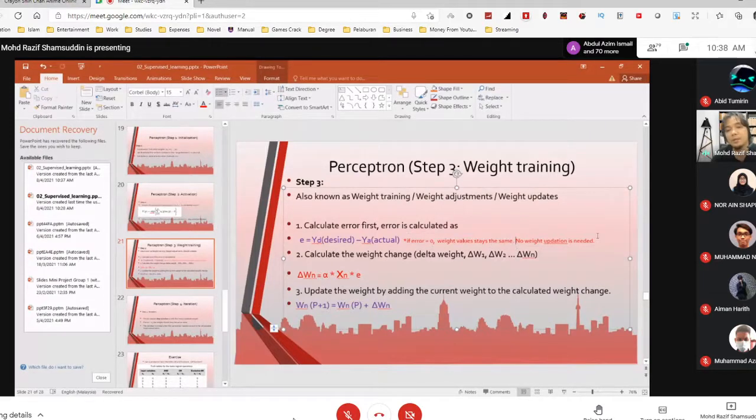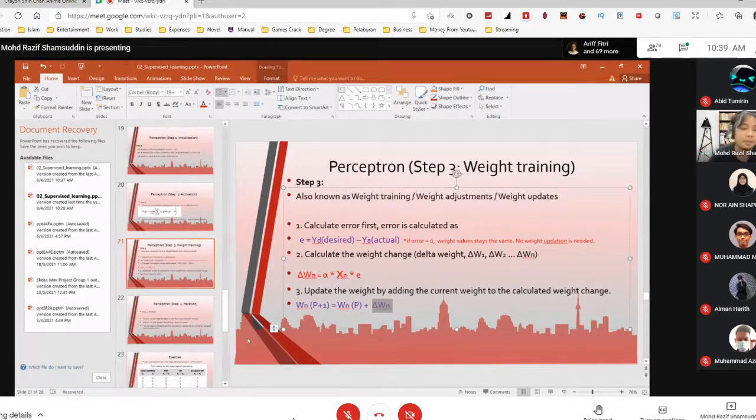No weight update is needed. Why? Because whatever you multiply with 0, the weight change will be 0. So when you update the weight by adding the current weight to the calculated weight change, the final weight w(p+1) is equal to the current weight plus the weight change. When the weight change is 0, the final weight is equal to the current weight, or the initial weight.